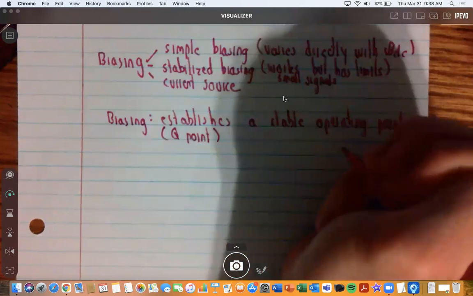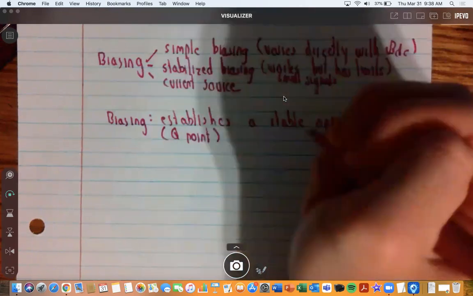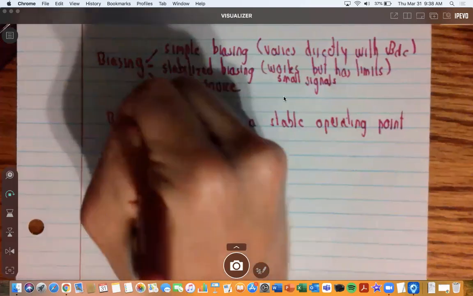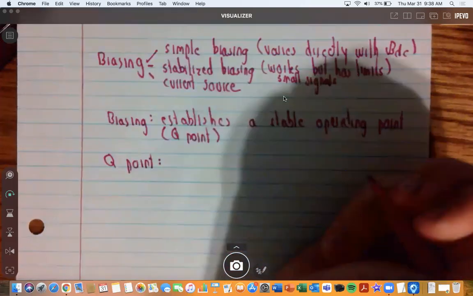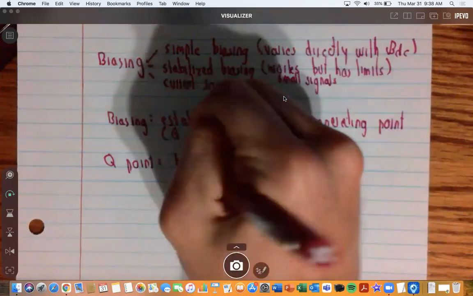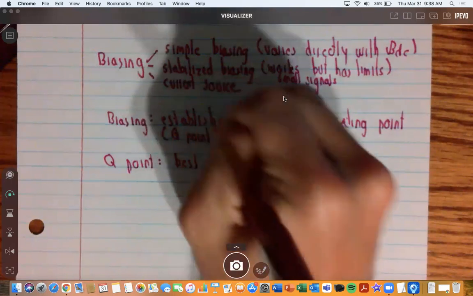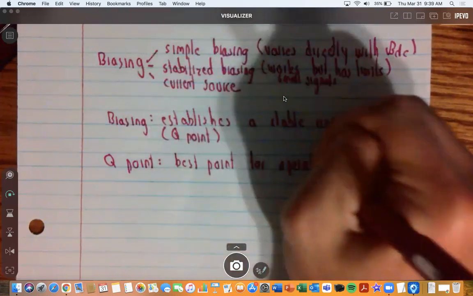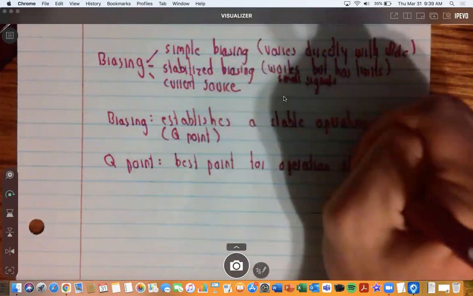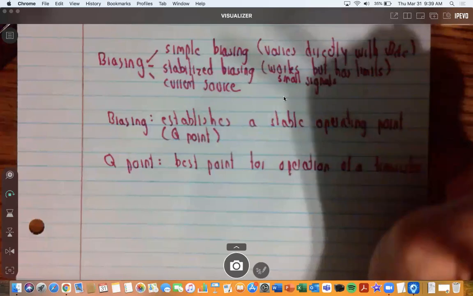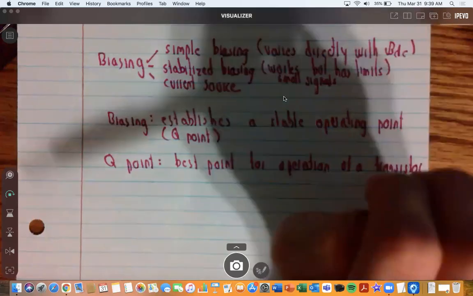So what is the Q point? Defining that, it's basically the best point for operation of a transistor for a given collector current.